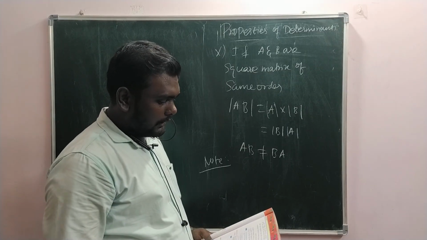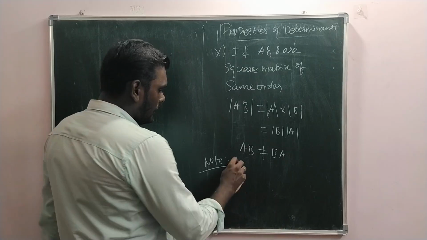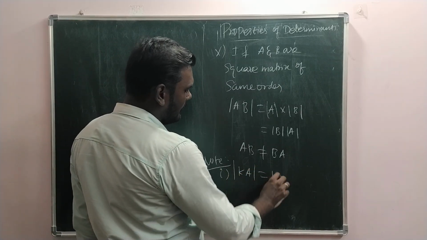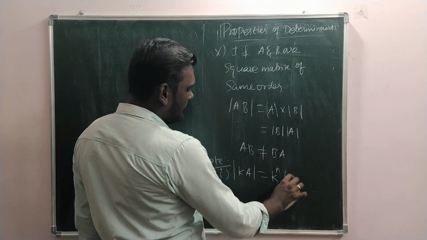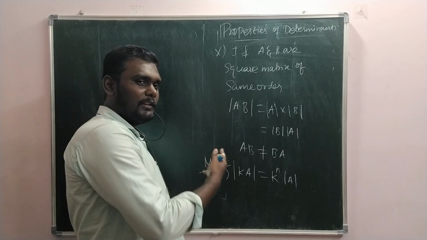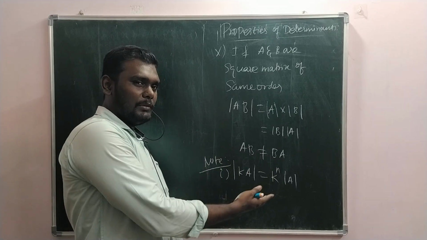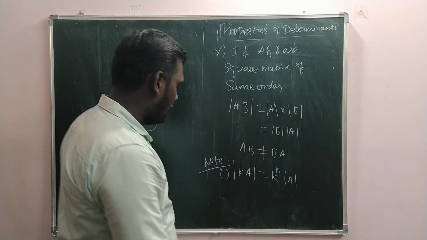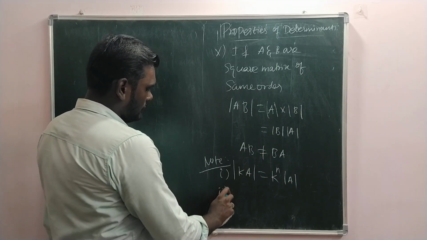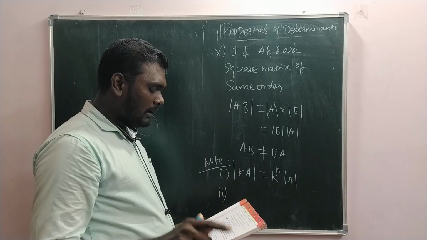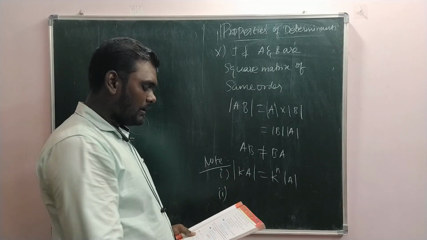See, if it is an nth order square matrix, then k times the matrix, the determinant of the matrix is k power n into determinant of A. That we discussed already. Like each row is multiplied with 2 means 2 cube for a 3 by 3 matrix, and for a 4 by 4 matrix, 2 power 4 will come. And the second one, if each element of a row of a square matrix is 0, then the determinant is 0.